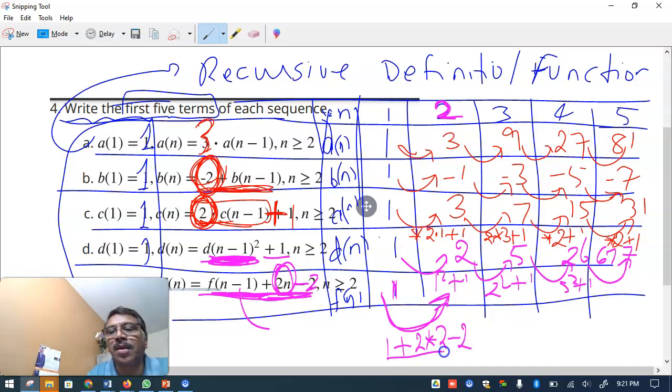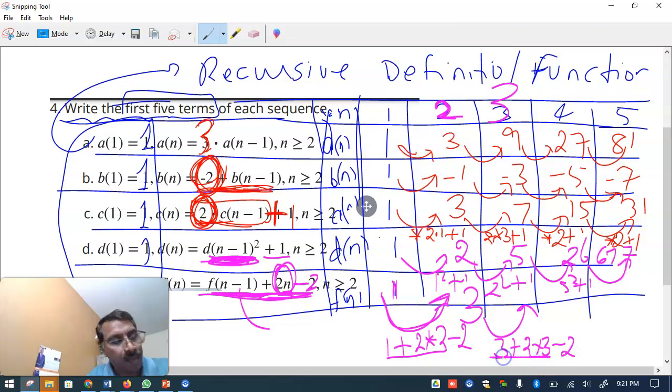So you work this out, this becomes 5 minus 2, so your answer becomes 3 here. And again, now it is 3 plus double the step number, which is now 3. So it is 2 times 3, which is 6, 6 plus 3 is 9, and 9 minus 2 is 7. So you get 7 here.